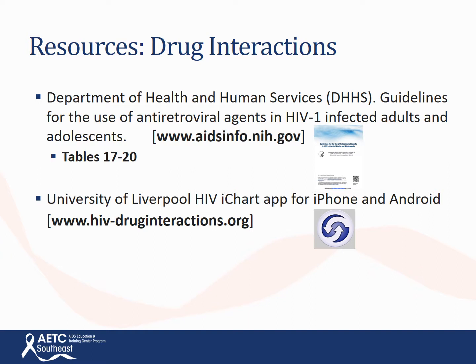This is also available as an app called HIV iChart for iPhone and Android devices. It's completely free of charge, and you enter in all the medications the patient is taking, both antiretrovirals and non-antiretrovirals, and it will compute for you a detailed list of potentially significant interactions. It's a very useful resource that can readily be accessed and used at the point of care.